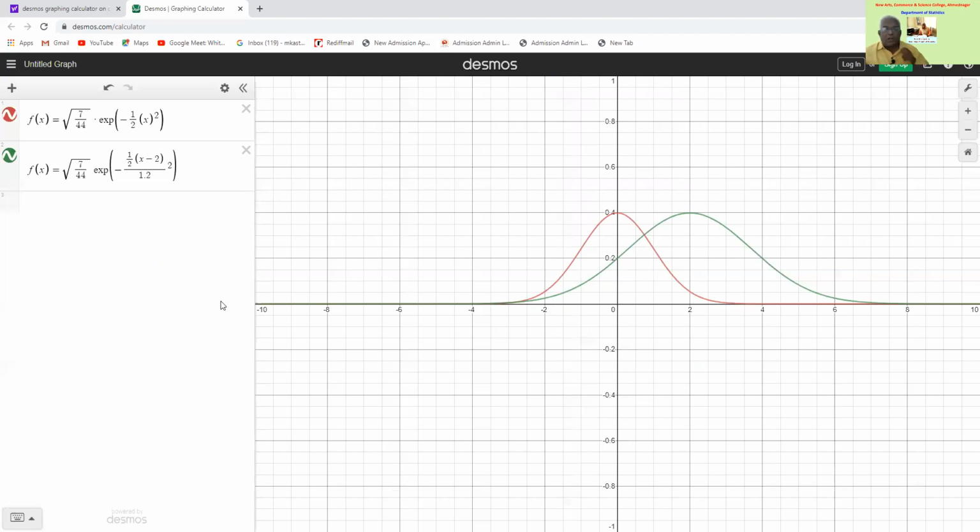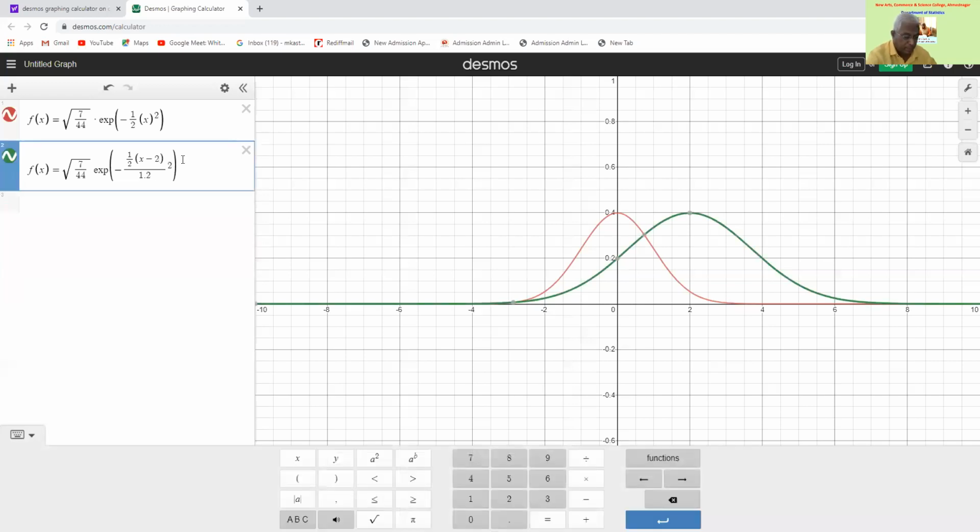Okay, now I will talk about this. Here also you can see that both the distributions are normal in nature. Their means are the same, but their variances are different.